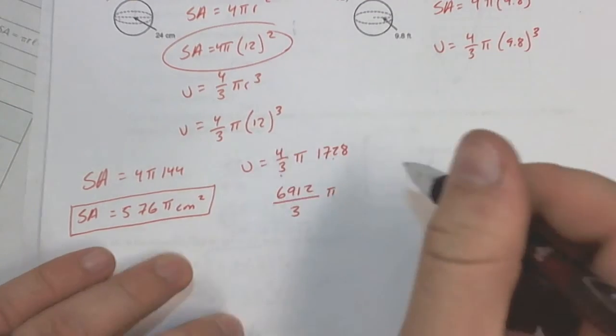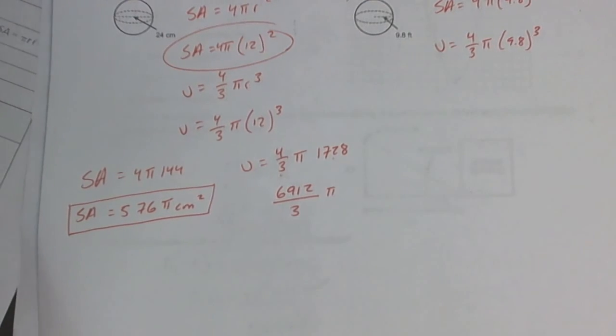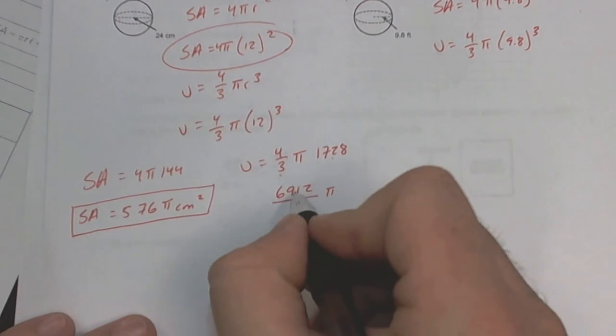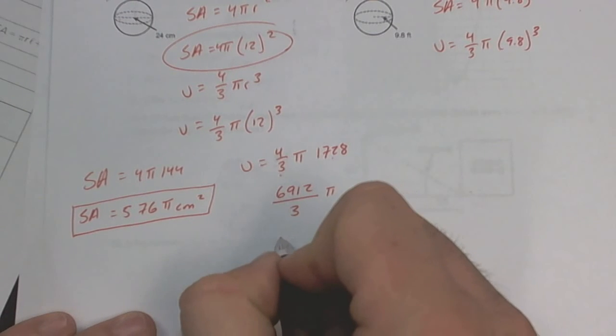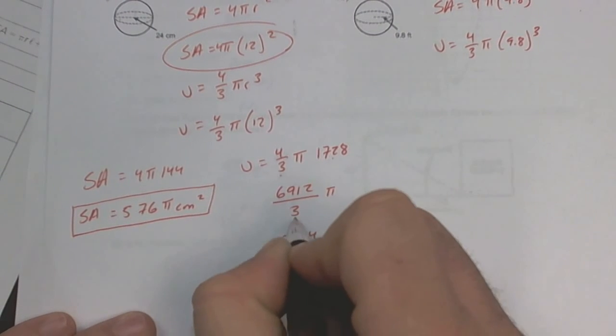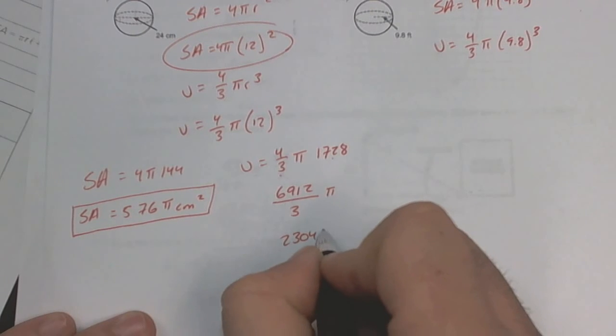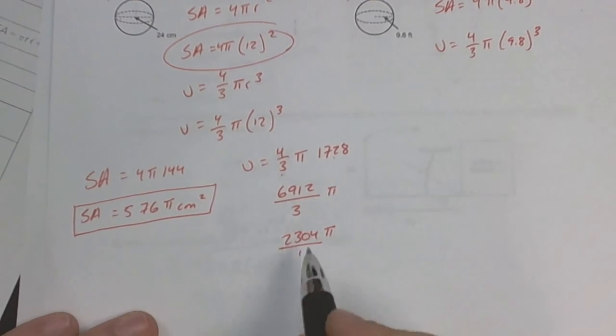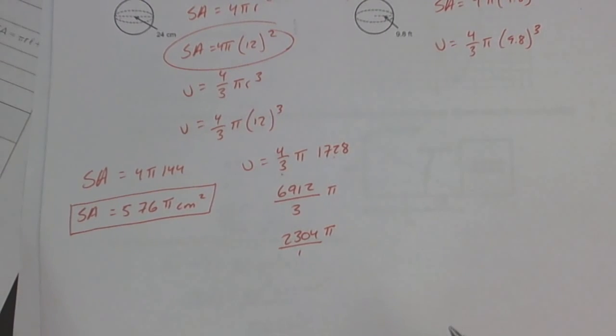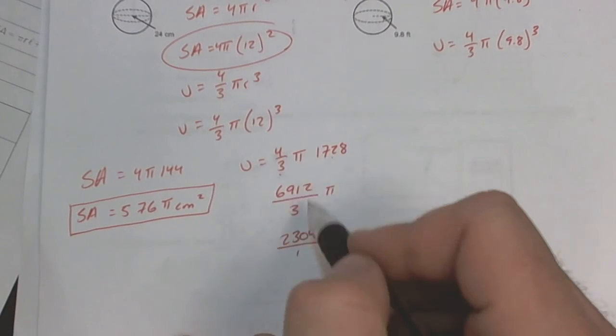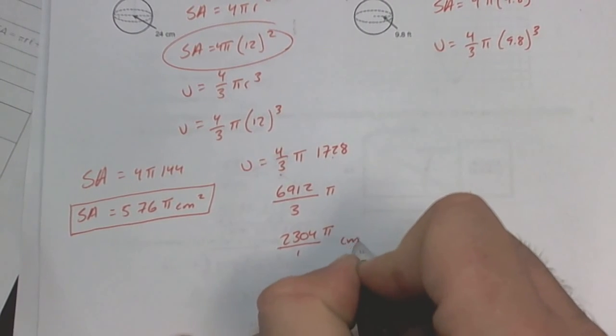Make sure you can't simplify that. So can that be simplified? Yes. 3 goes into 6912, 2,304 times. 3 goes into 3 once. You don't have to write it with that over the 1, but you can. So there's the exact volume, centimeters cubed.